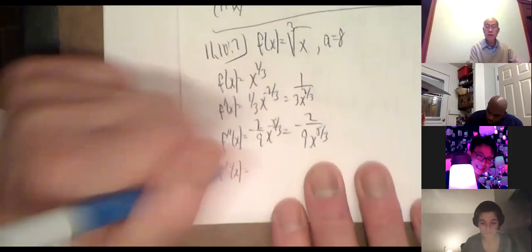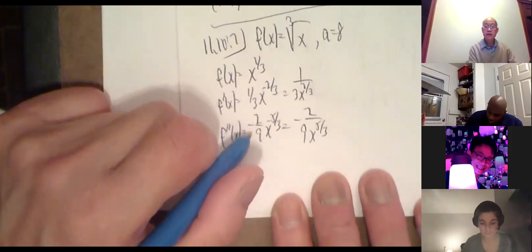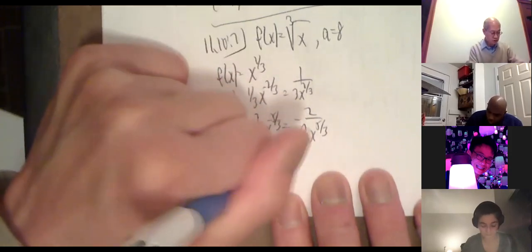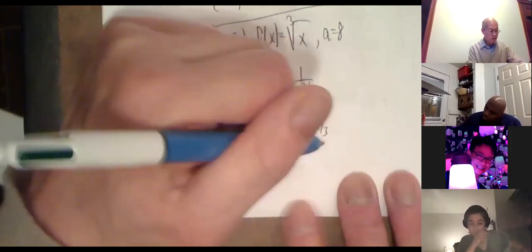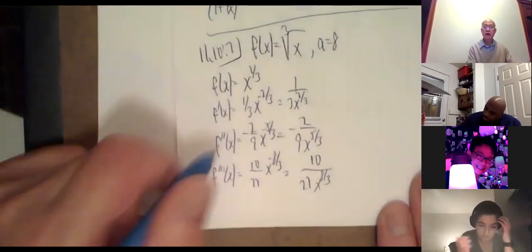f triple prime is 10 over 27 x to the negative 8/3, which is 10 over 27 x to the 8/3. Keep plugging in 8.